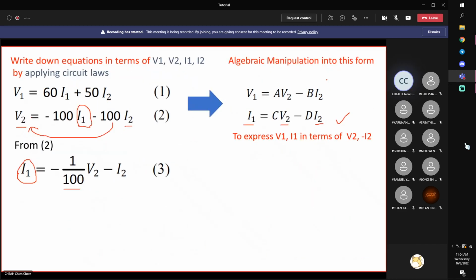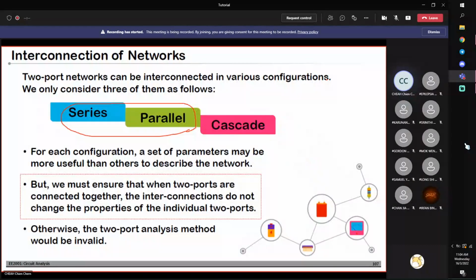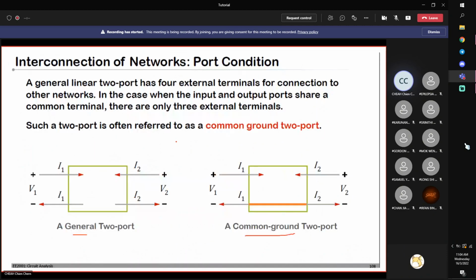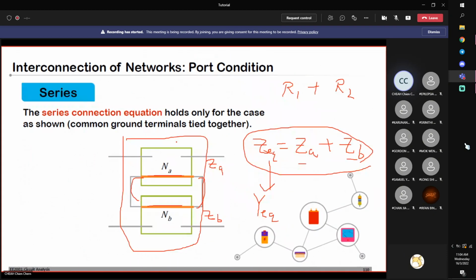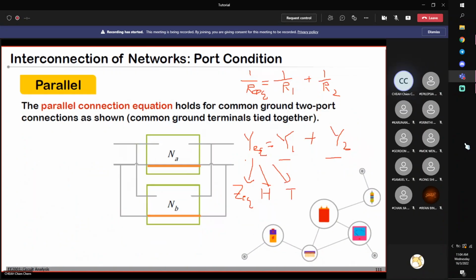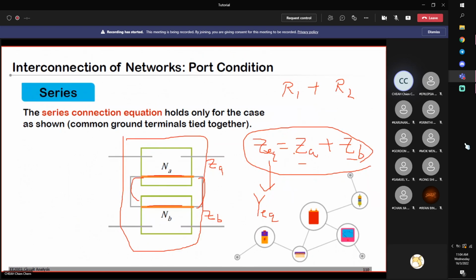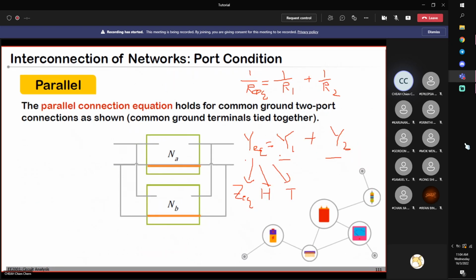As for more complex networks, you have to see whether they are series or parallel. For series combinations, use Z parameters. For parallel combinations, use Y parameters, always, so that you can add up the impedance for series, and add up the admittance for parallel.